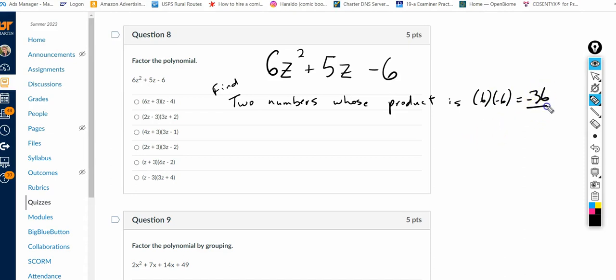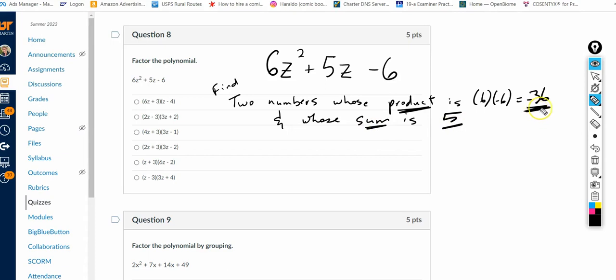So I want a product of -36, but at the same time, their sum has to be what that middle number is, +5. So we want product is -36 and sum is 5.